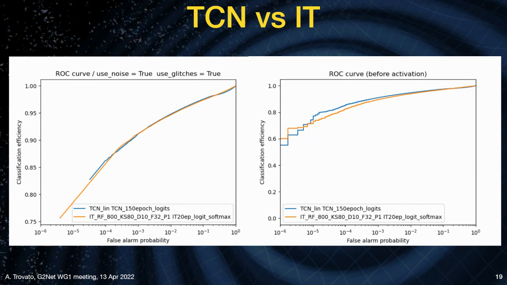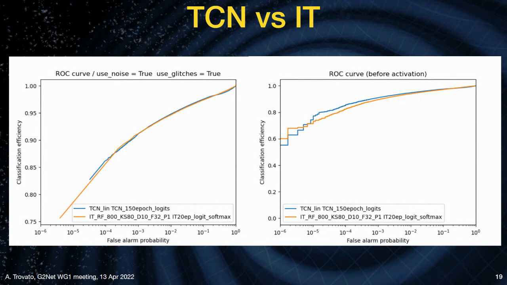There are still things that I don't fully understand. With this inception time, you are not really able to train for many epochs because it starts to overfit. So these are really few, like 10 epochs. I'm not able to train it more than that without overfitting.